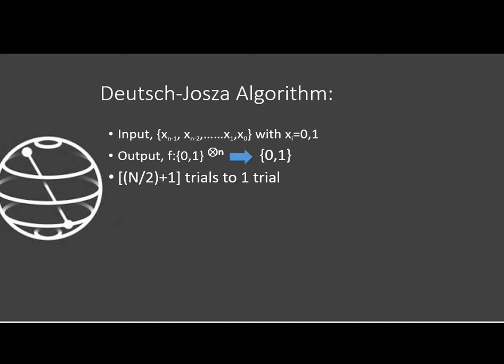If all outputs are 0, then we know for certain that our function is constant, otherwise the function is balanced. In classical computation, we need at least n by 2 plus 1 trials, but in quantum computation we need only one shot. That means the complexity is reduced to order of 1.